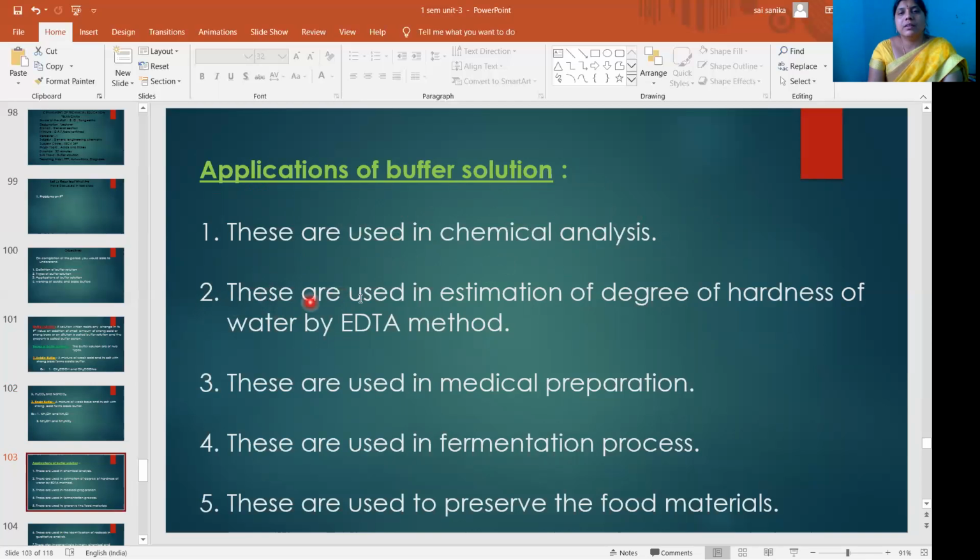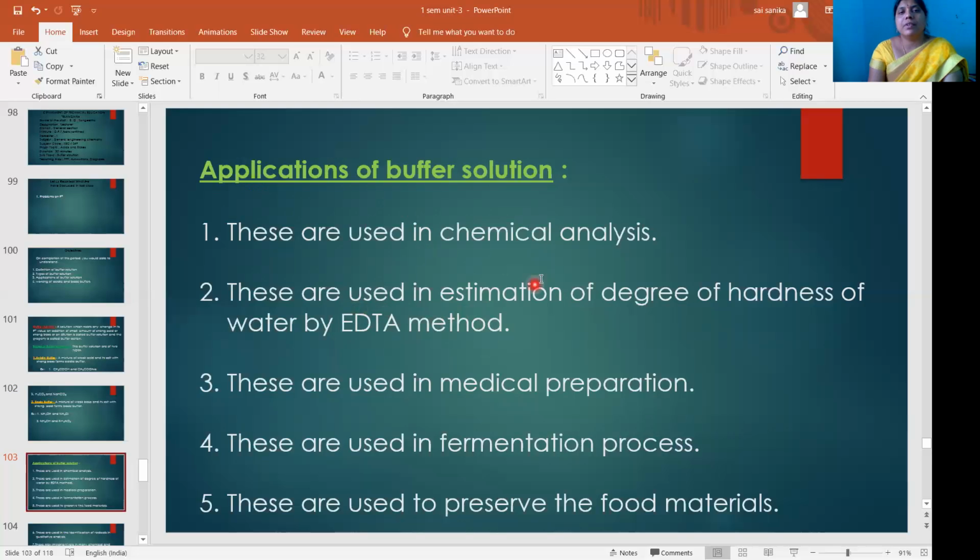Then these are used in estimation of degree of hardness of water by the EDTA method. In the lab you will do this estimation: how much hardness is present in water, by EDTA solution.